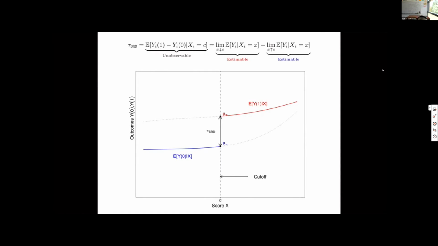And so the core identifying assumption that is operating in the background is one of continuity. And continuity here means that in the absence of the treatment assignment rule, in the absence of the abrupt discontinuity in treatment assignment due to the RD design, you would have seen these conditional expectation functions continue in a smooth or continuous way, right?